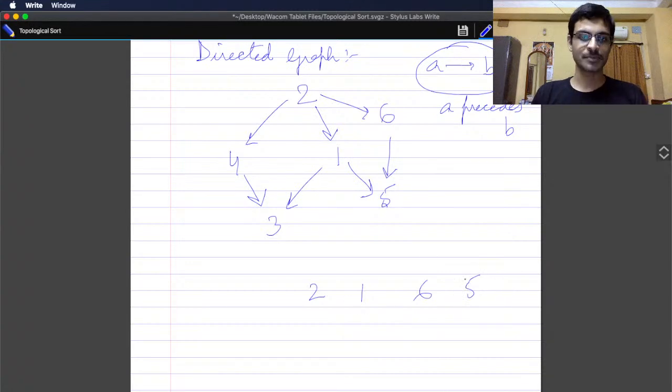The question is how can we arrange them so that all these links hold true.